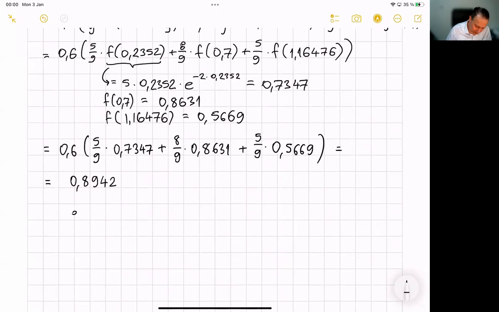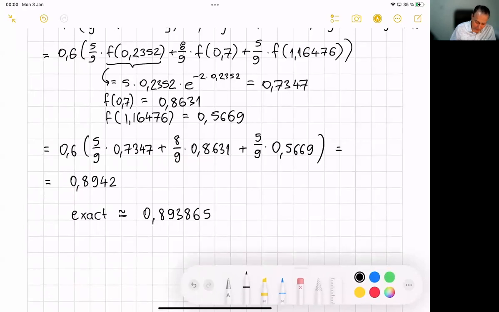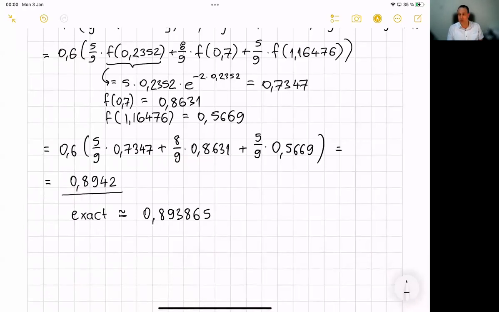So I can write here the exact solution again, which is approximately 0.893865. So finally, my estimation using Gaussian quadrature is good using 3 Gauss points.